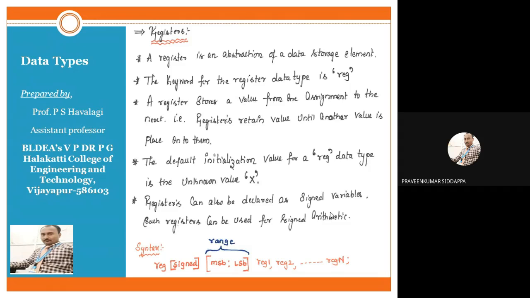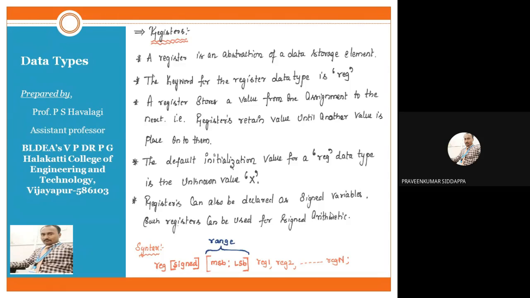If it is only a scalar, we write it without square brackets, which is only one bit. If it has multiple bits, we should write it within the square brackets, and that is the range. If it is signed, we have to mention it. Register one, up to n number of registers you can write, no problem. So this is about register data types.